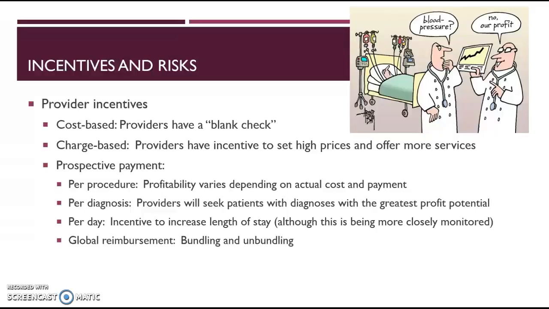They're creating more visits, they're ordering more tests, they're extending patient stays, and so on. So these charge-based reimbursement systems, to some degree, encourage providers to contain cost, but the incentive is weak because charges are more easily increased than costs can be decreased. So this is one that also provides an incentive for the provider.